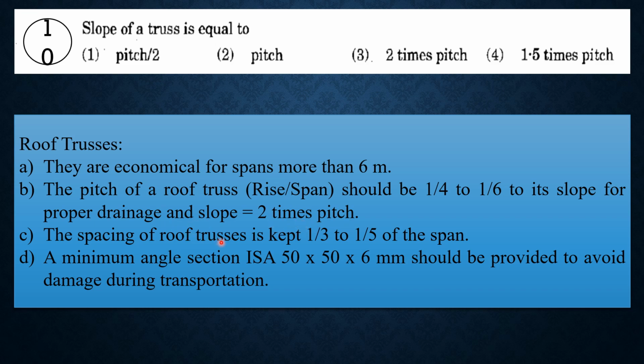The spacing of the roof trusses is kept at 1/3 to 1/5 of the span. A minimum angle section, ISA 50 by 50 by 6 mm, should be provided to avoid damage during transportation. So here option C is correct, that is 2 times the pitch.